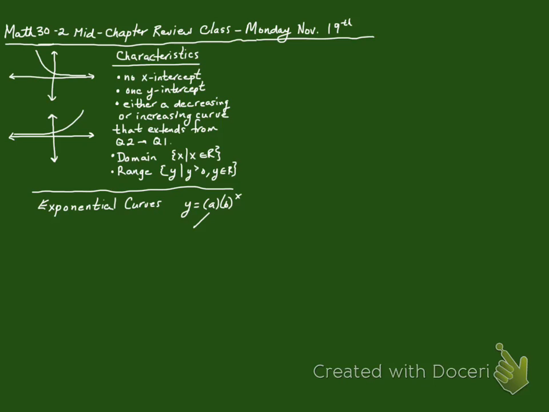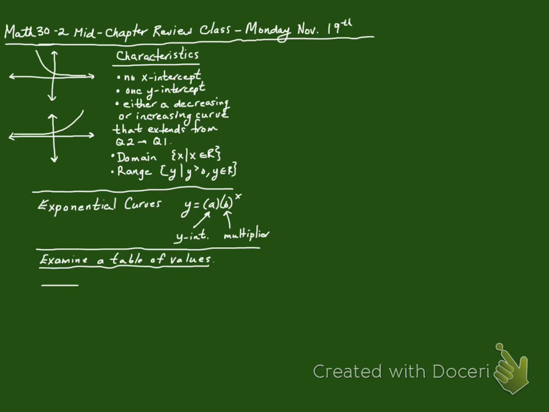Exponential curves have the equation y equals a times b to the power of x. A, as we've learned, is going to be our y-intercept. The b value, that is our multiplier, or our b value, as we call it.